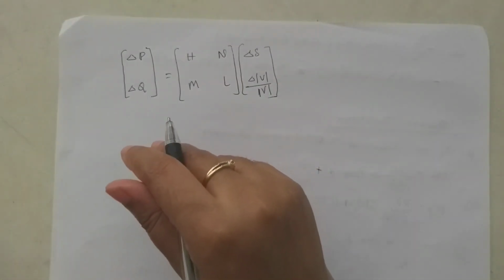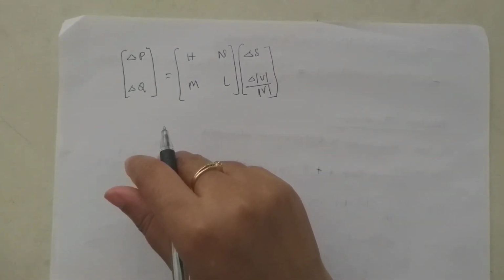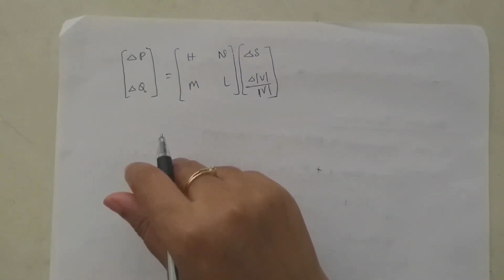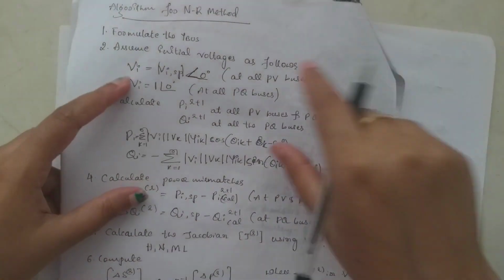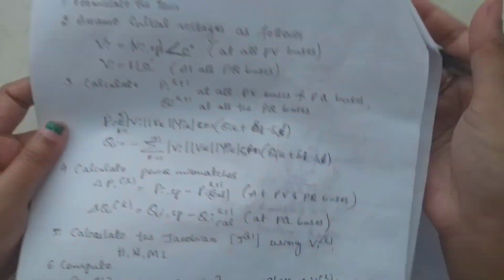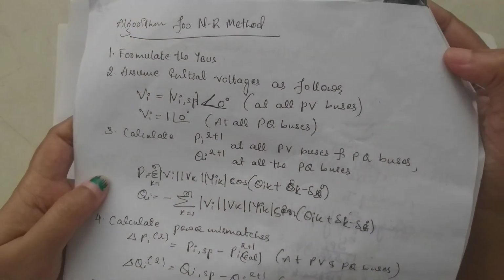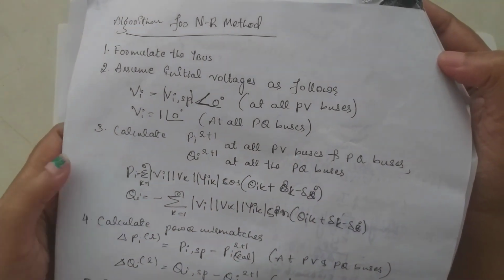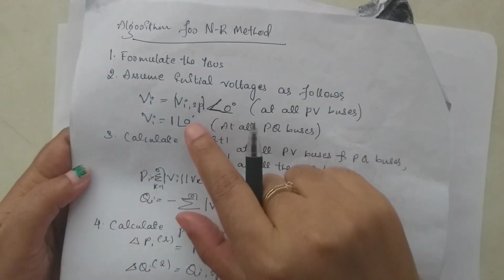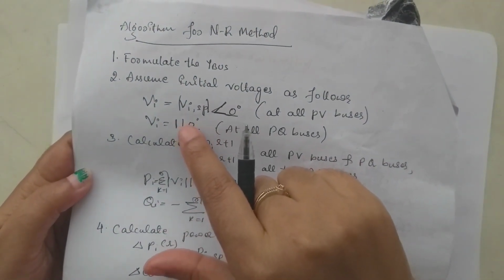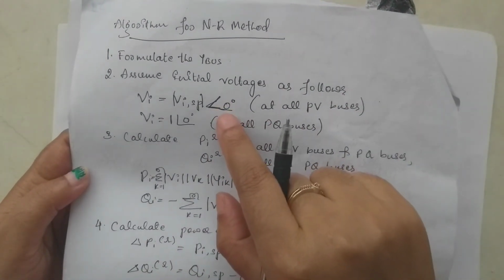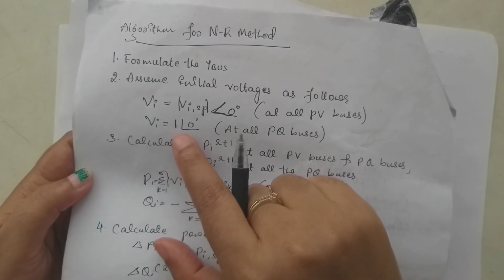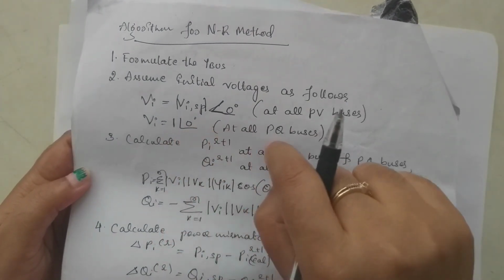Next, the algorithm for the NR method goes like this. First we have to formulate the Y bus. Then we make an initial assumption: Vi equal to 1 at an angle 0 for all PQ buses.